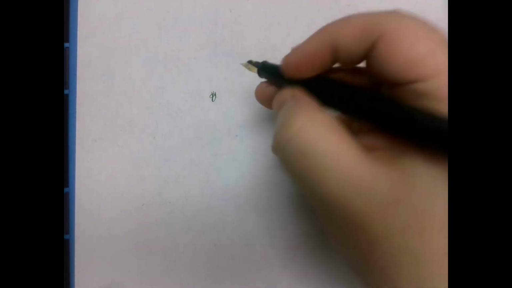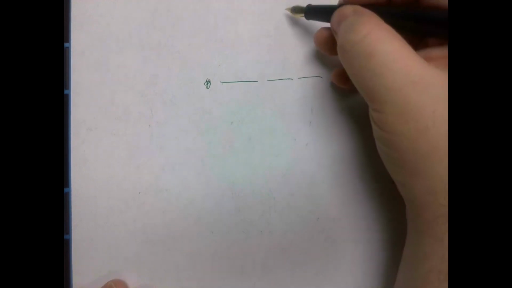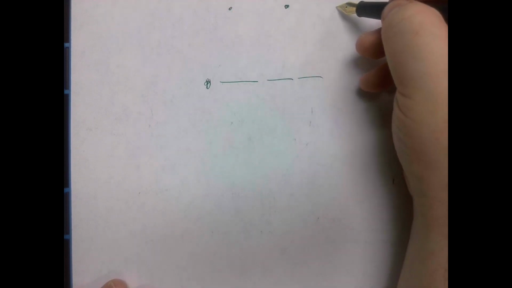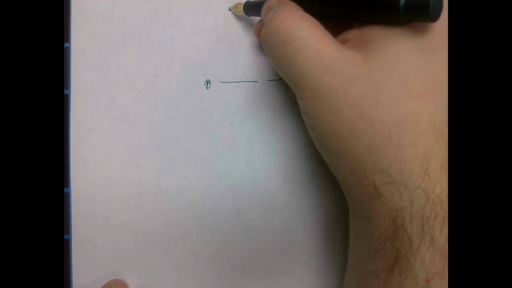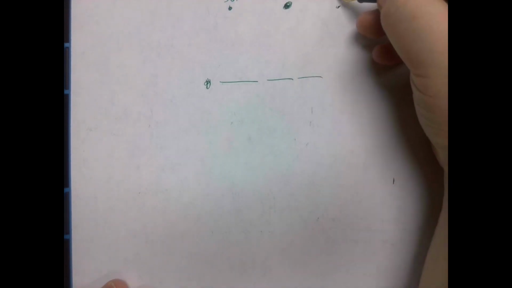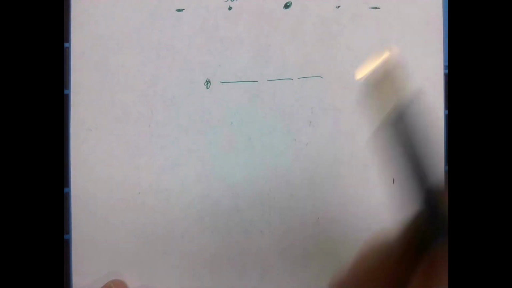So illustrating that. If you have two slits, a bright spot, then we have another bright spot here. This would be for short wavelength, whereas for longer ones, it'd be more blurry, more spread out.